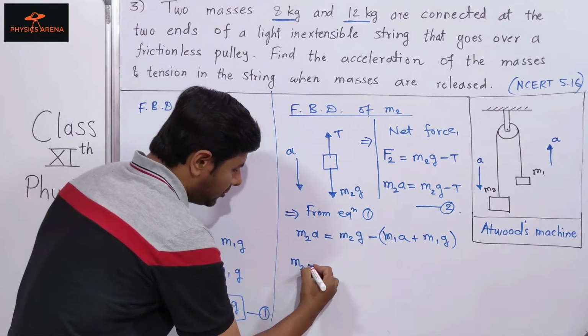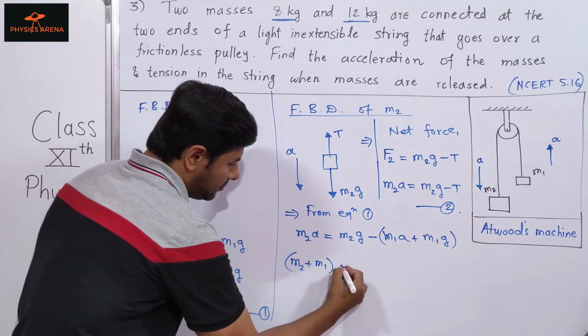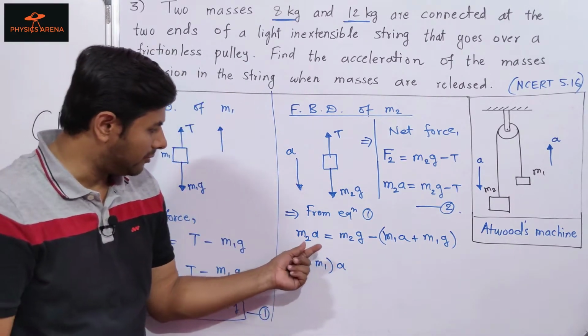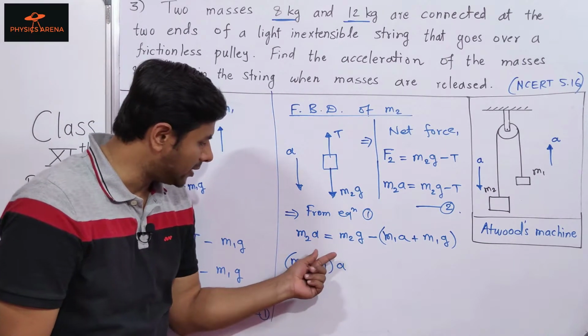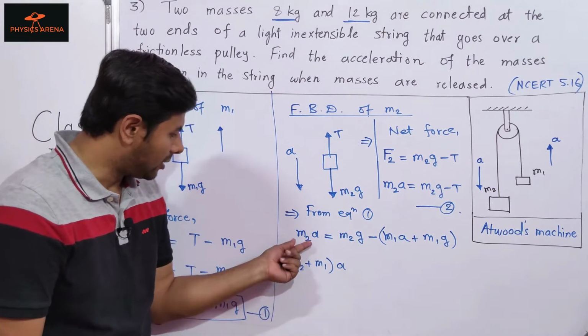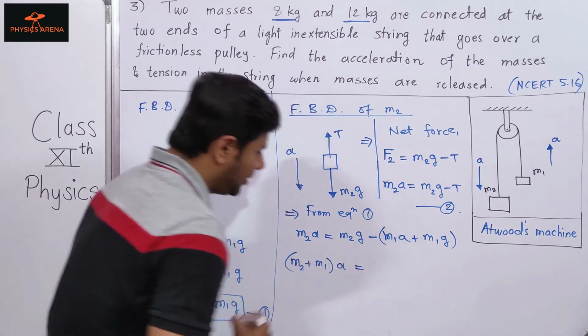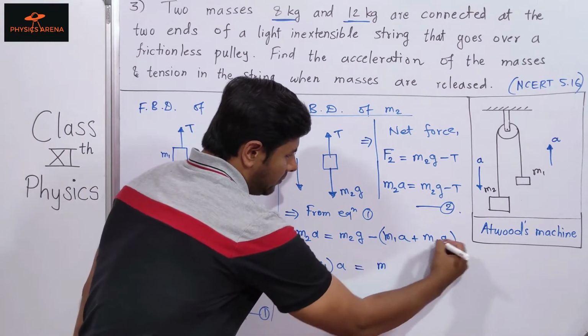So I have m2 times A plus m1 times A; I can take A common, so I'm left with m2 plus m1. And on the right hand side, I have m2 times g minus m1 times g.